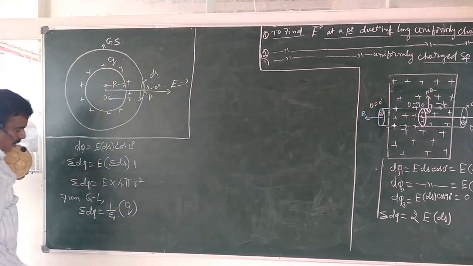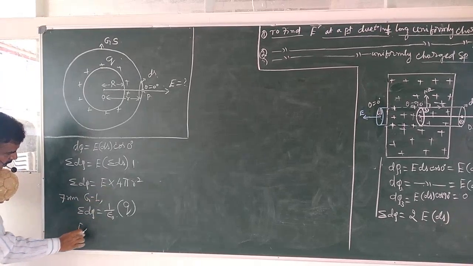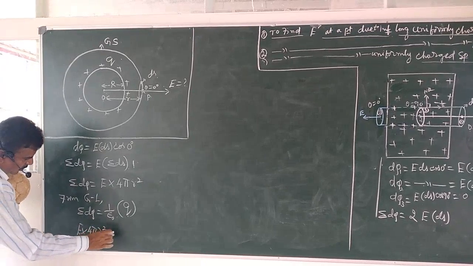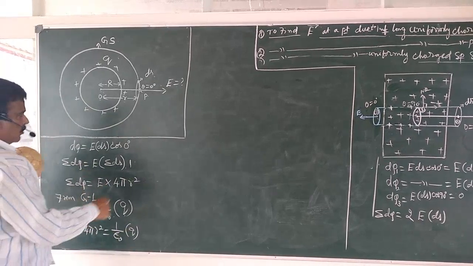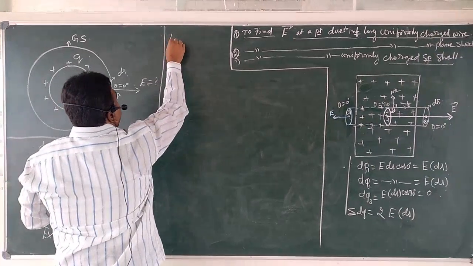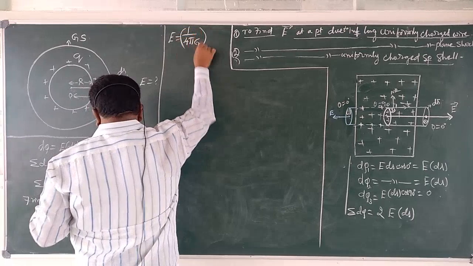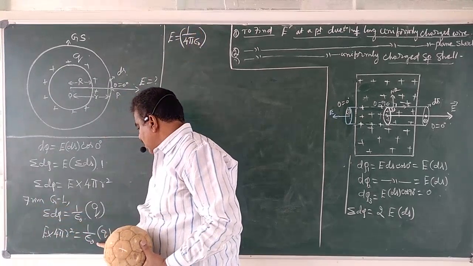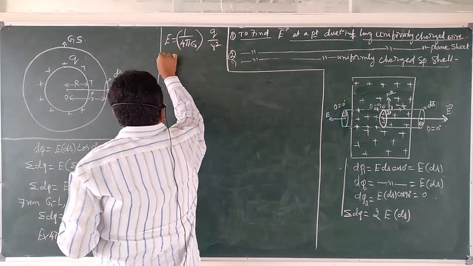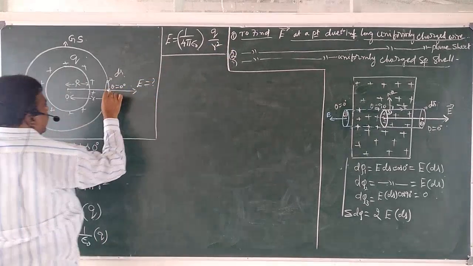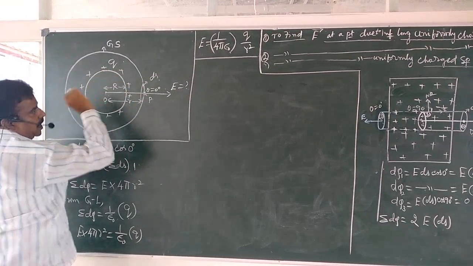Charge enclosed is Q. So if you substitute for the total flux, it is E into 4 pi r square equals 1 by epsilon naught times Q. If you simplify further, E equals 1 by 4 pi epsilon naught times Q divided by r square. This is the expression for electric intensity at a point outside a charged spherical shell.